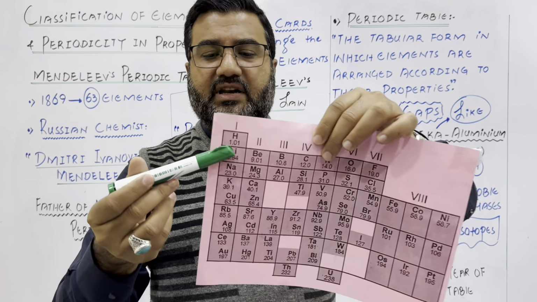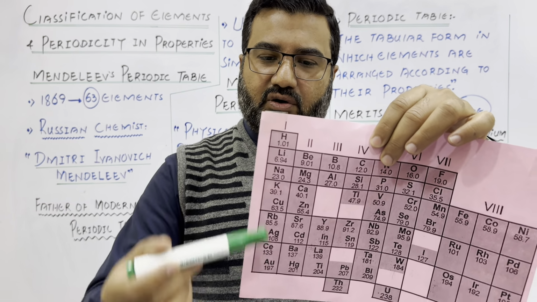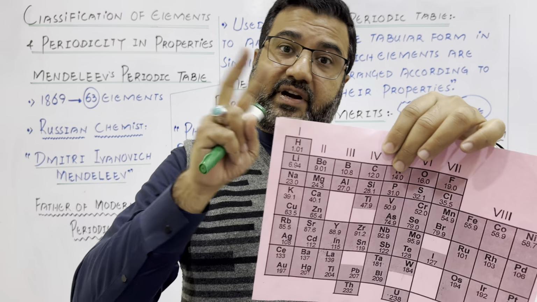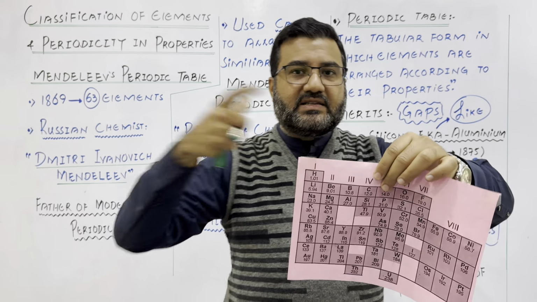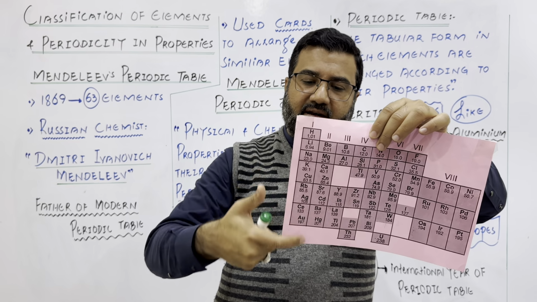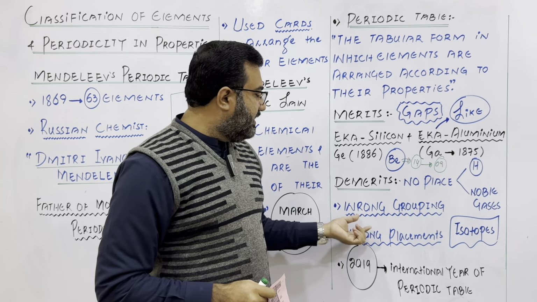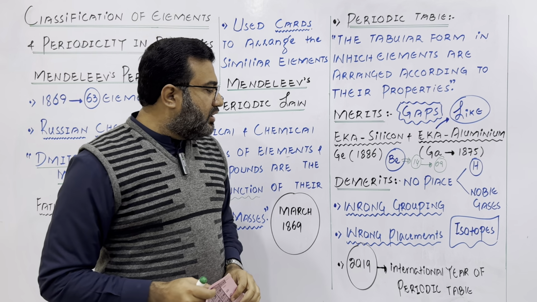The properties of alkali metals and coinage metals are not like each other. So that was the wrong grouping. There must be two different groups for these, one for alkali metals and other for the coinage metals. Placing them in the same family, that was a mistake by Mendeleev, and it became a demerit of Mendeleev's periodic table.